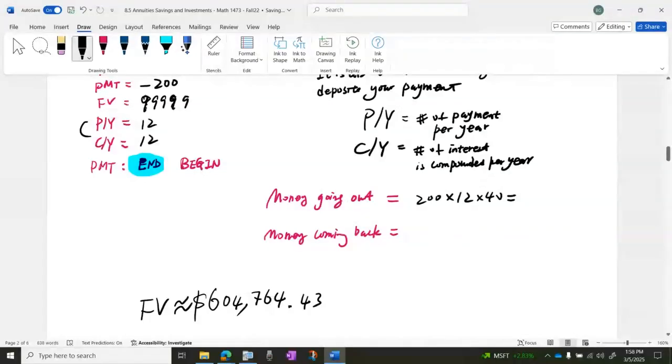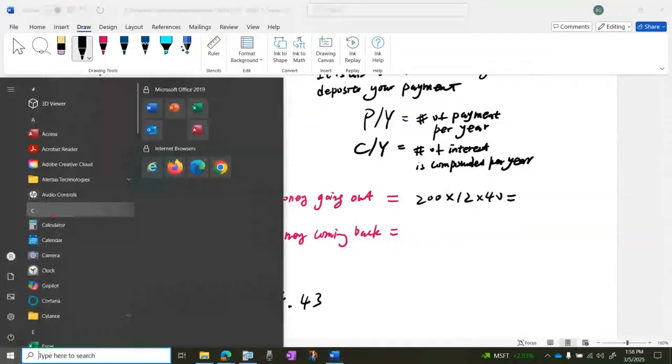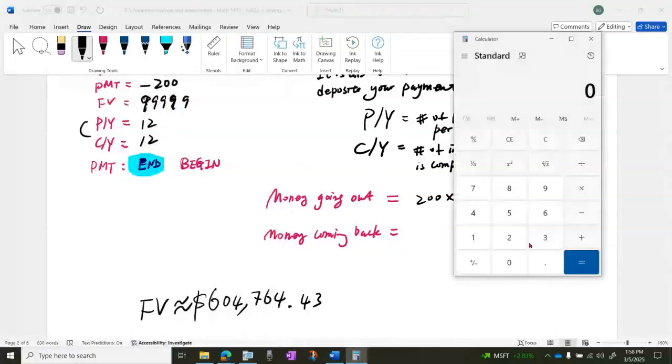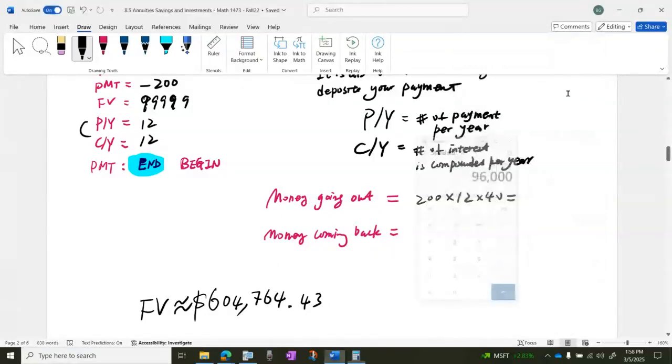Let me quickly calculate with the scientific calculator. $200 times 12 times 40. That's 96,000, 96 grand.